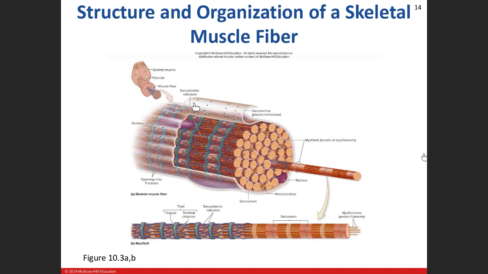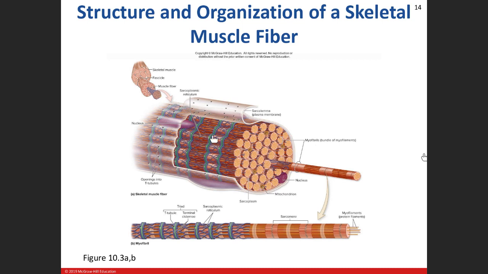Much like your chimney, if you have a house with a chimney on it, the chimney goes down into your house. That's what the T-tubule does. It goes down into the cell. So on this drawing here, the T-tubules are these greenish tubes here.